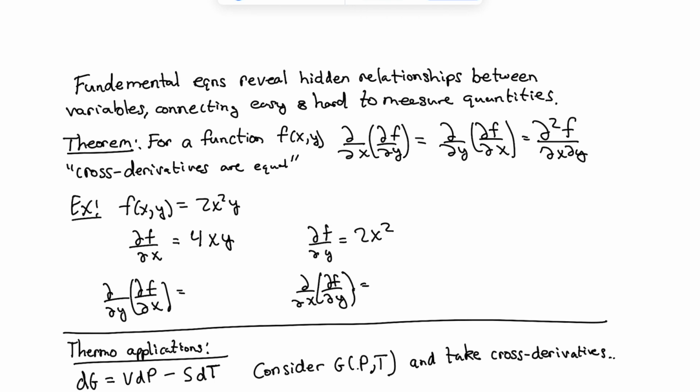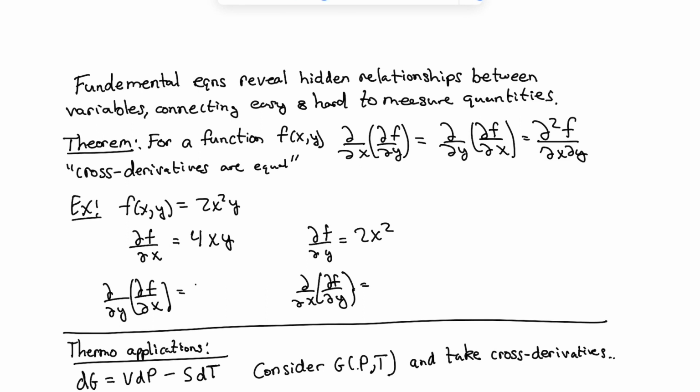To take an example here, if my f of x and y is 2x squared times y, if I first take the derivative with respect to x, my 2x squared becomes 4x. If I first take the derivative with respect to y, I just had a y here, so that will drop out and turn into 1. df over dy is 2x squared. Now I'm going to take the two cross derivatives. So d over dy of d over dx, that's just the derivative with respect to y of this quantity.